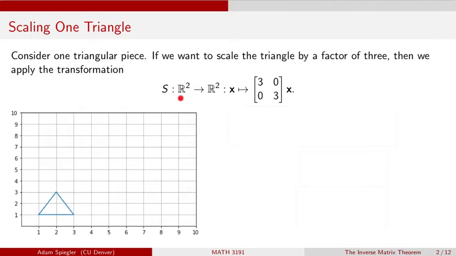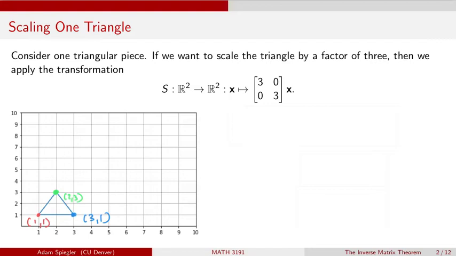Our computer screen, so that we're dealing with images that are in R2. So I want to scale images by a factor of 3, then we can apply this 2 by 2 matrix, where the top row is 3, 0, and the bottom row is 0, 3, to any vector x in the plane. So for example, we've got this triangle, and it has 3 vertices. And let's look at where each of these vertices is going to get mapped under this transformation.